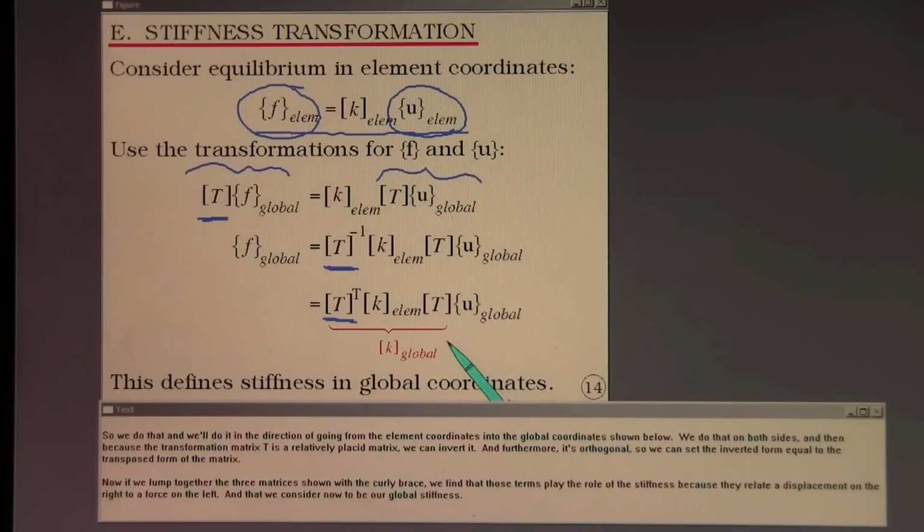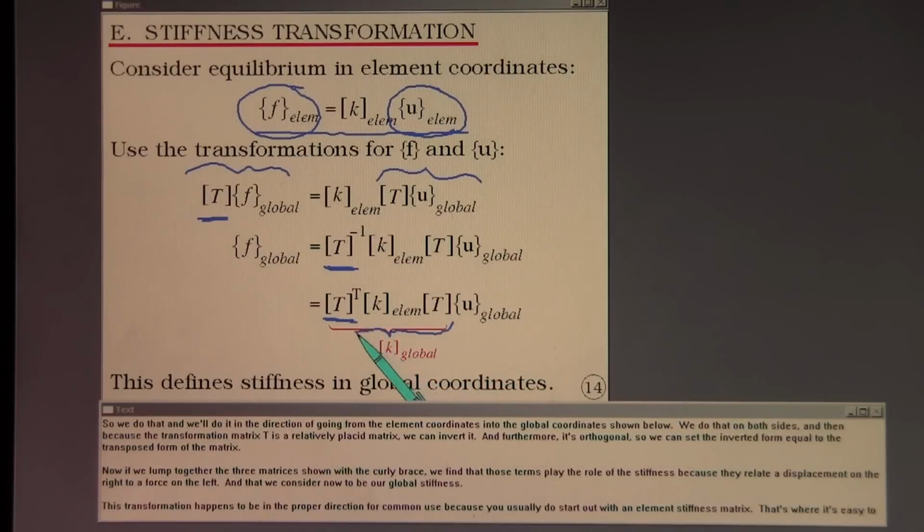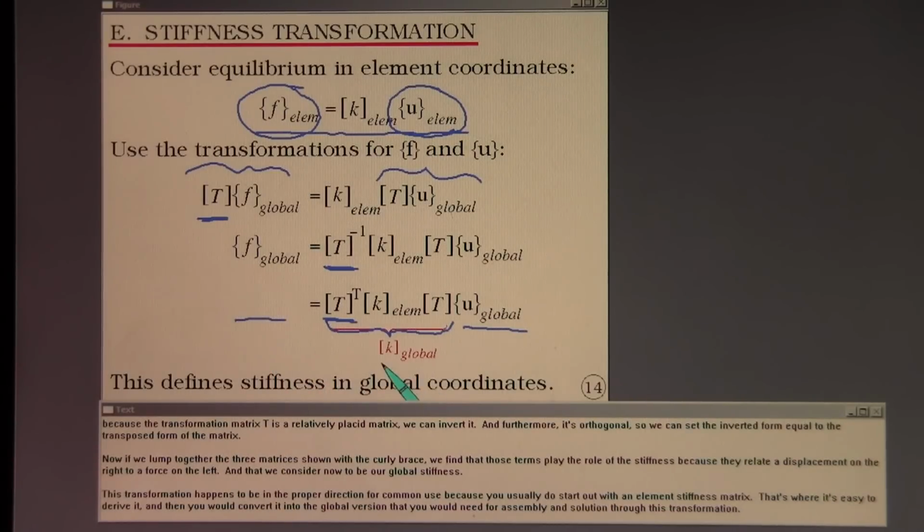Now, if we lump together the three matrices shown with the curly brace, we find that those terms play the role of a stiffness because they relate a displacement on the right to a force on the left. And that we consider now to be our global stiffness.